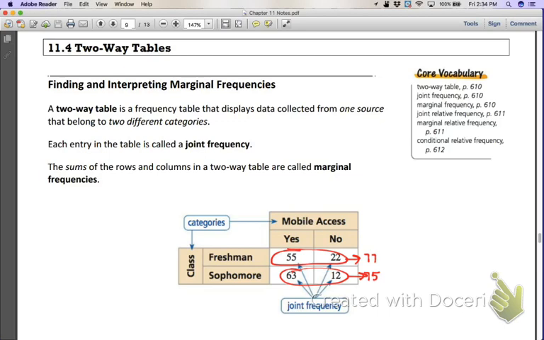Okay, of those values, we'll use the total to figure out a percentage or a fraction or a ratio, things like that, to say how many of them have access. How many total people did we actually talk to? 152. Okay, so this would be total students.